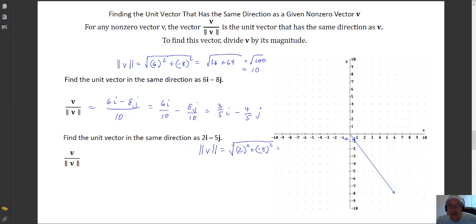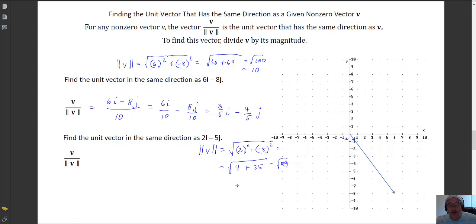You'll be doing a lot of these in the homework early on, getting the magnitude of vectors, the lengths, and possibly even the direction angles and stuff. We could do that as well. And we will say that's equal to the square root of 4 plus 25, which is the square root of 29.